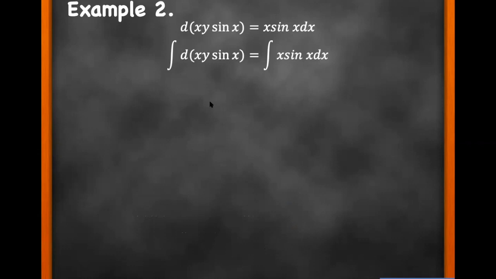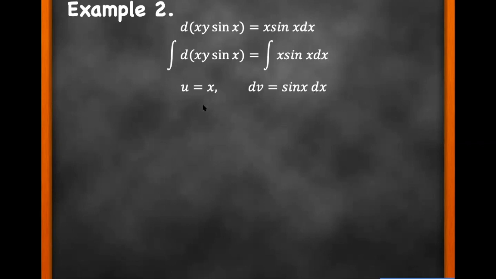So we have here the integral of the left member of the equation, the differential of x y sine of x, equal to the integral of the right side of the equation, x sine of x. This can be solved using integration by parts, where our u is equal to x and our dv is equal to sine of x dx.